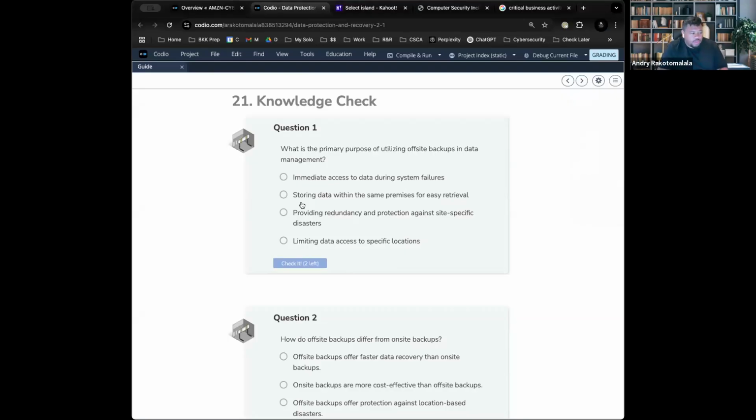All right, first question. A, B, C, or D. What is the primary purpose of utilizing offsite backups in data management? All right, everyone is saying C. Great job. That is correct. So it is to provide redundancy and protection against site-specific disasters.